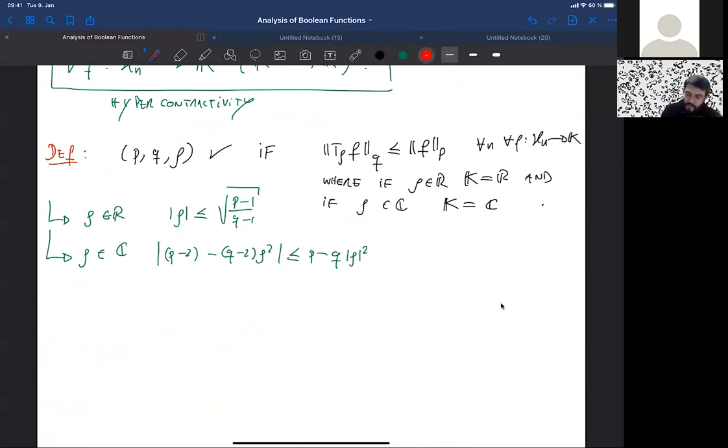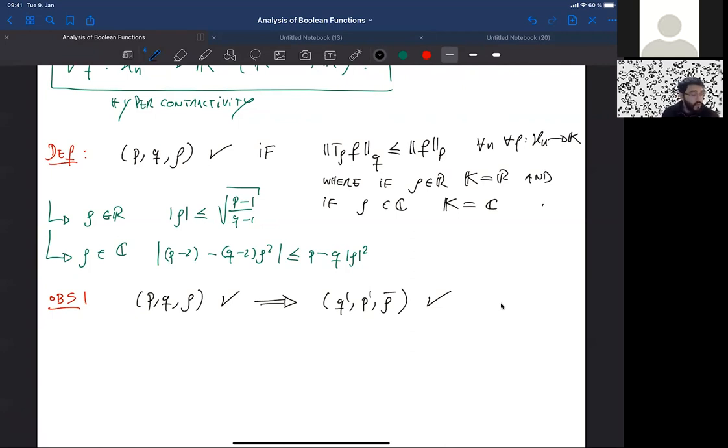But let me continue to make some observations. Observation 1 is that if we have (p, q, ρ) working, then we have (q′, p′, ρ) also working.